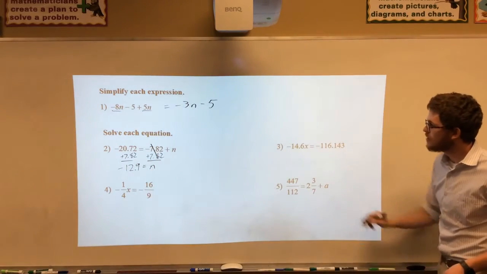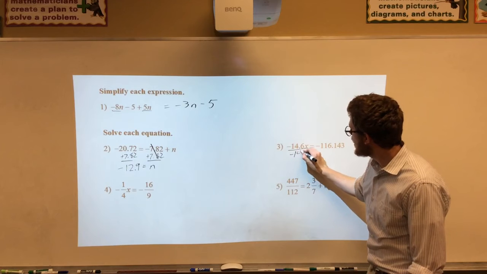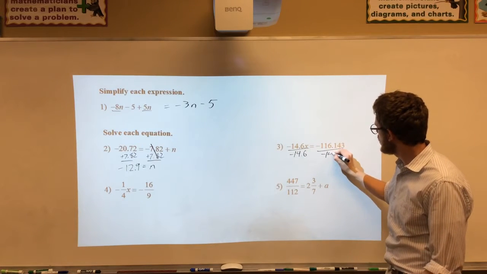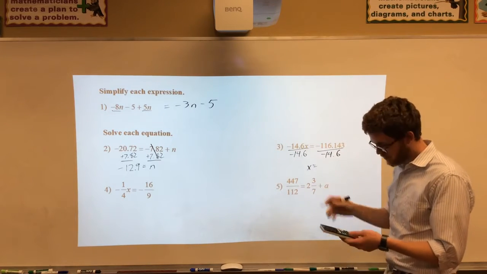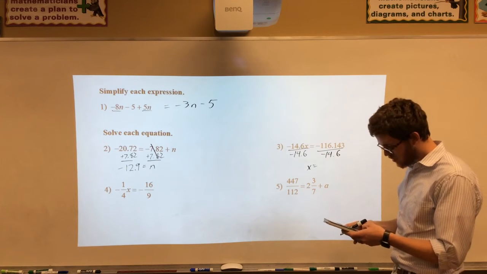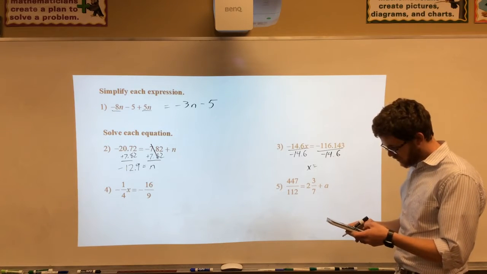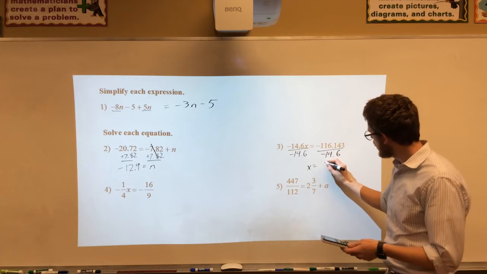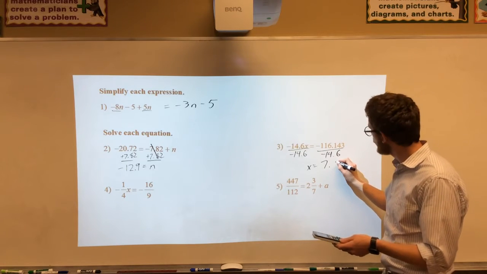Number 3, I divide by what's in front of my x. And I get 7.955.